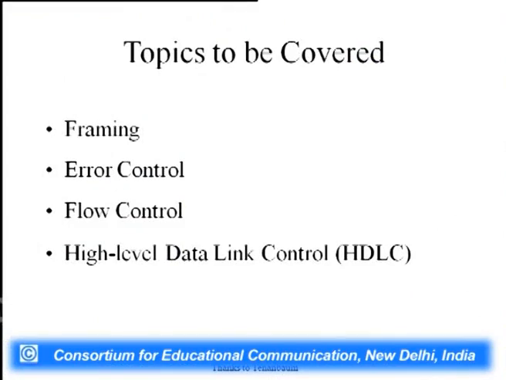The reason is that the buffer space of the receiver may not be sufficient, and the receiving device itself may be slower than the sending device. So, what we need is to regulate the flow of data, so that we send as much data as a receiver can accept, right. And then we probably talk about one protocol, DLC, which has been used.